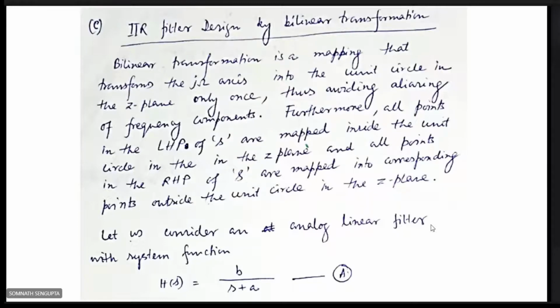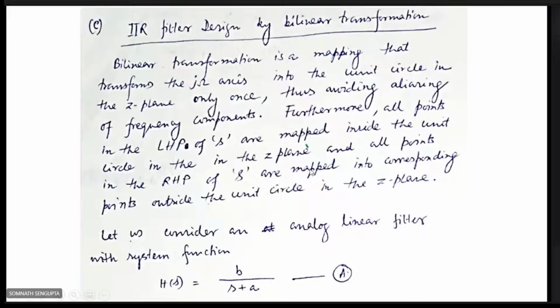So within that, the analog frequencies are mapped in one-to-one fashion, not many-to-one fashion. Many-to-one fashion takes place in impulse invariance method, and in bilinear transformation, the mapping is one-to-one.